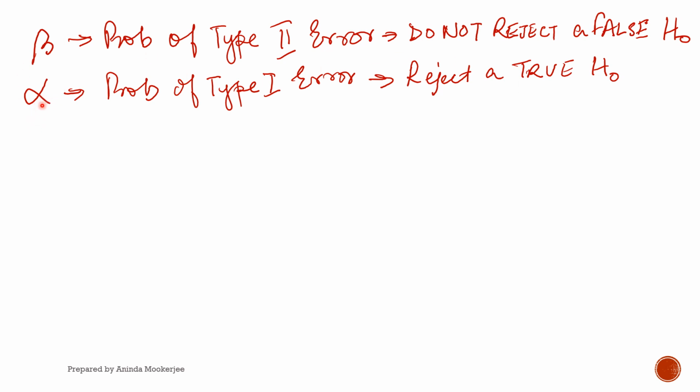We keep the value of alpha, which is the probability to reject a true null hypothesis, low, and that probability, which represents the area under the curve, is the area of the reject region in our curves.